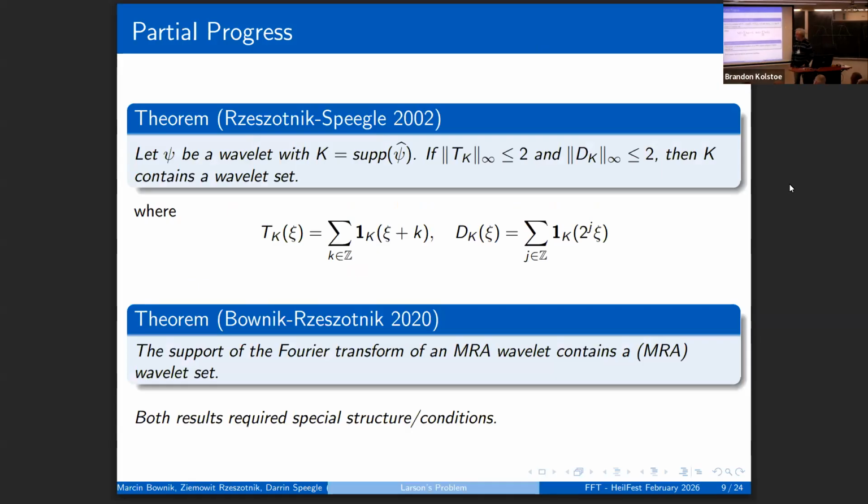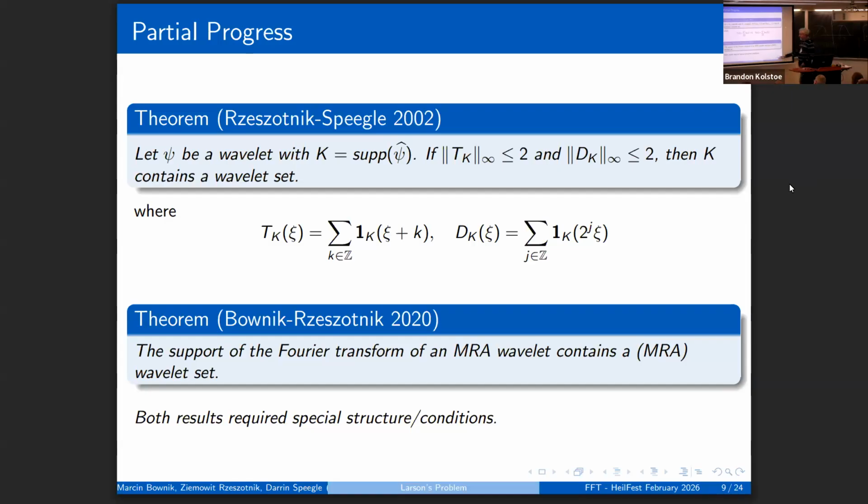This is from 2002. Joma and I showed that if you have a wavelet with small support, in the sense that the translations only self-intersect at most once and the dilations only self-intersect at most once, then you can find a wavelet set contained in the support.